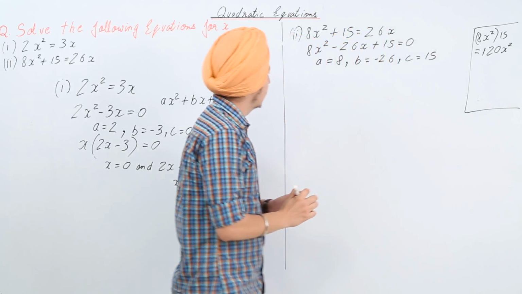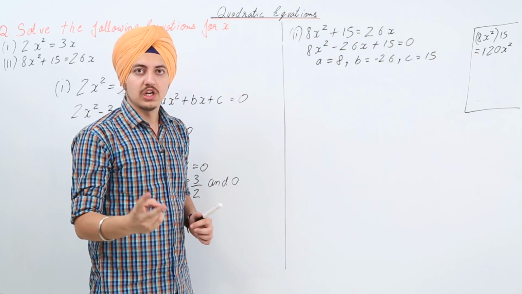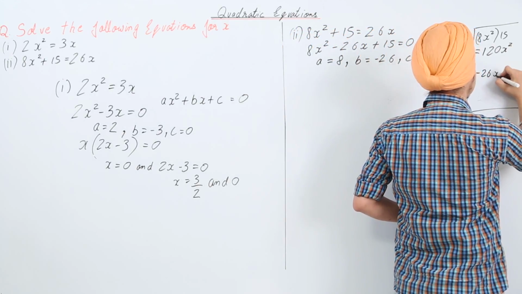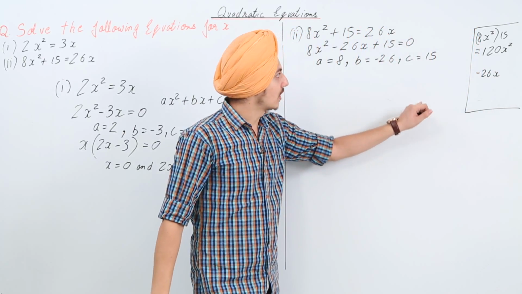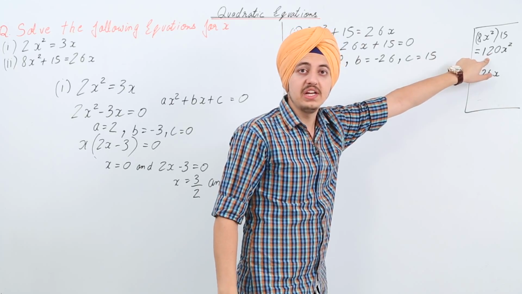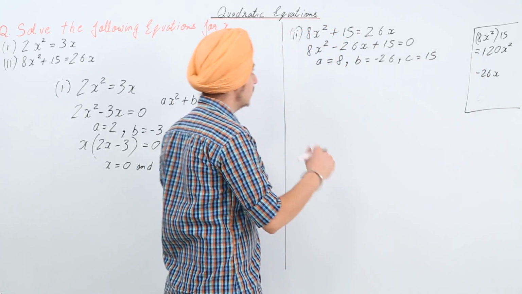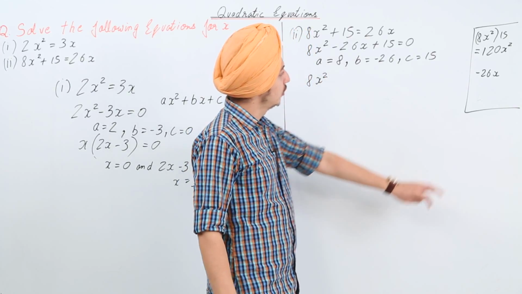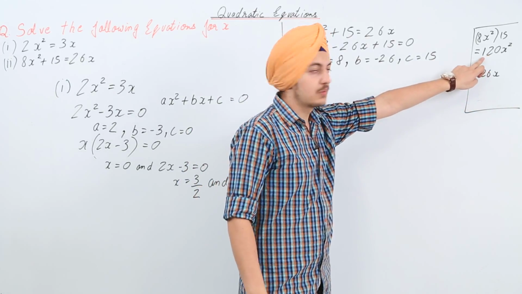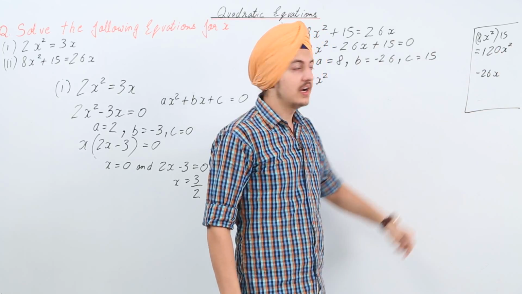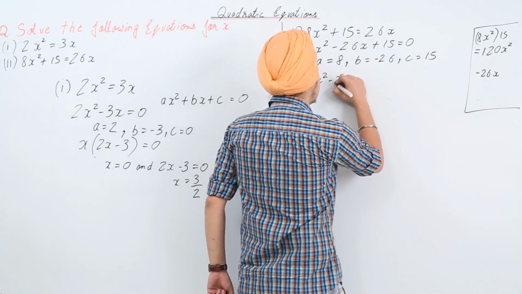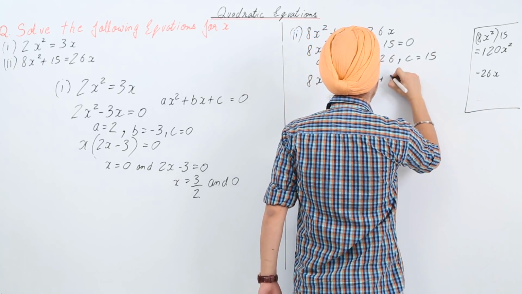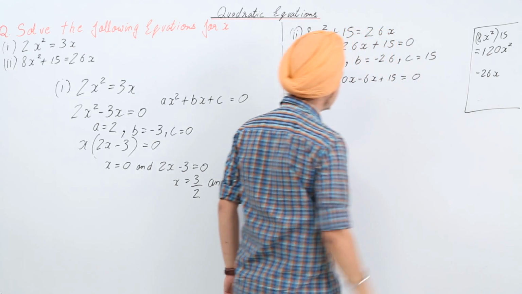So we have to find two terms whose sum is equal to minus 26x and whose product is equal to 120x square. The two terms are minus 20x and minus 6x, plus 15 is equal to 0.